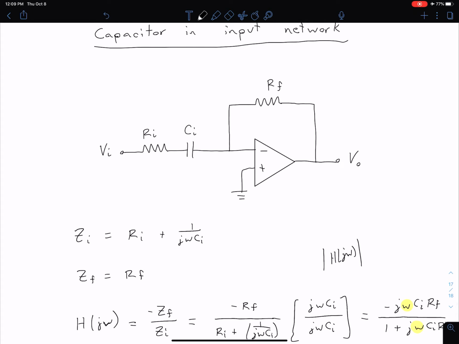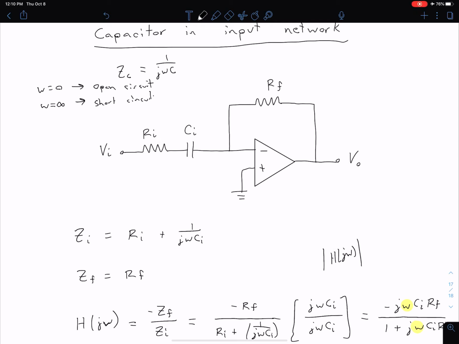Keeping in mind that the impedance of our capacitor is equal to 1 over j omega C, we can say, as we said in the previous video, for omega equals 0, our capacitor is acting like an open circuit. And as our omega is getting really large, so omega equals infinity, our capacitor is acting like a short circuit.